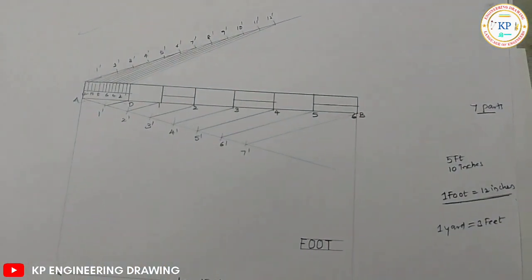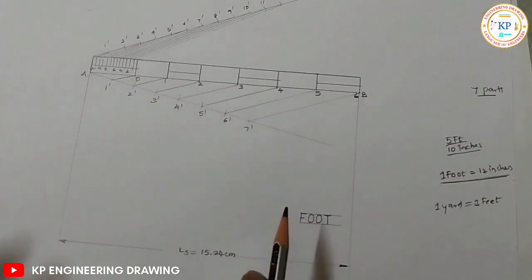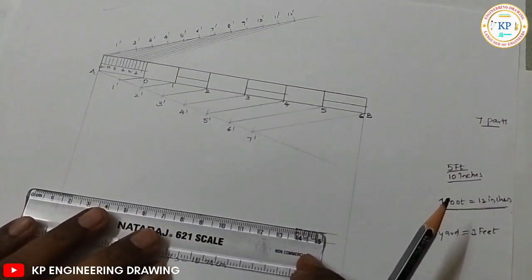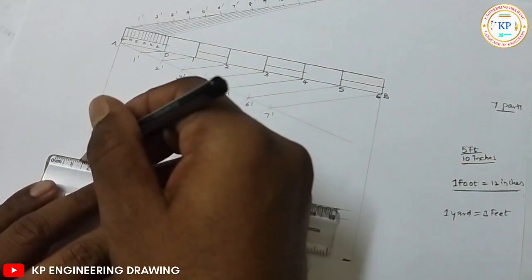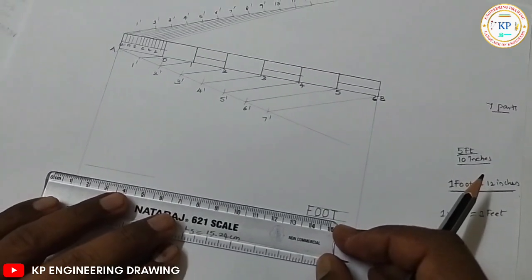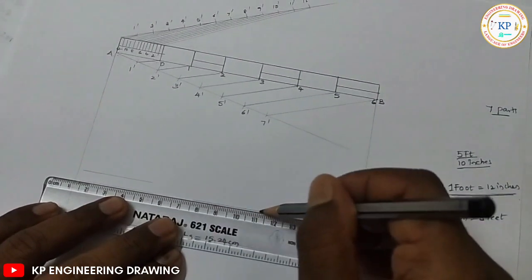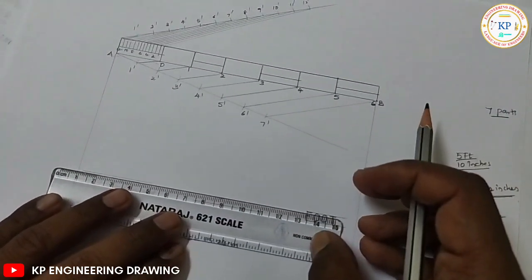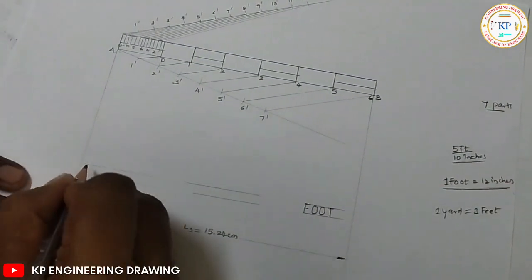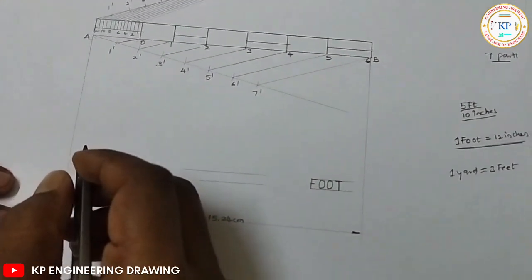Okay, so now we need to mark 5 feet 10 inches, and the subscale is in inches. So you write here inches.